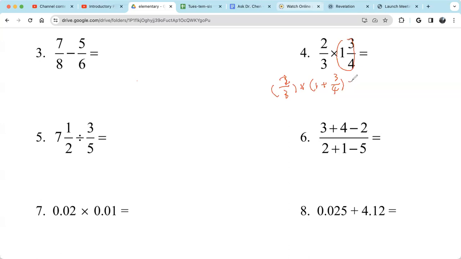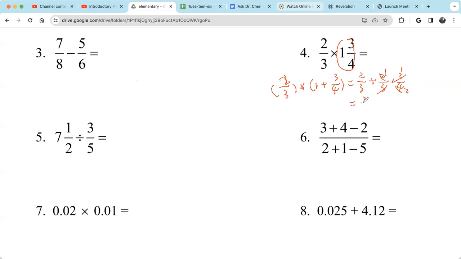Then we multiply. Then when we multiply, we get 2/3, because 2/3 times 1 is 2/3. Then we multiply 2/3 with 3 over 4. So 2 over 3 times 3 over 4. Now we see 3 over 3 becomes 1. 2 and 4 can be simplified as half.